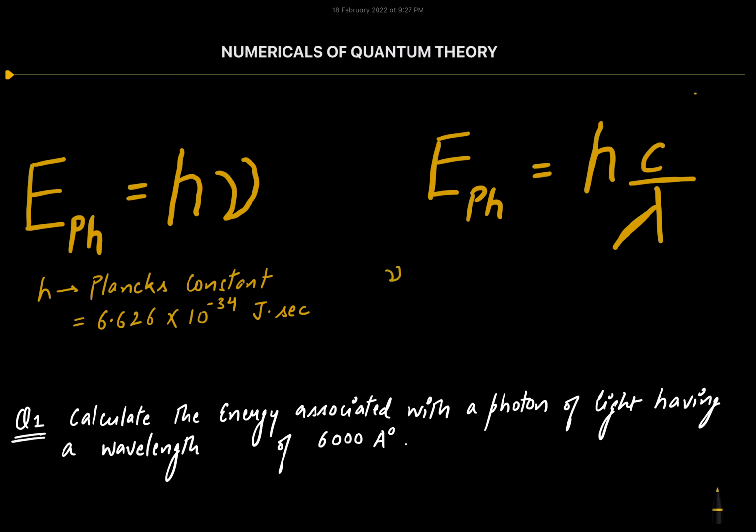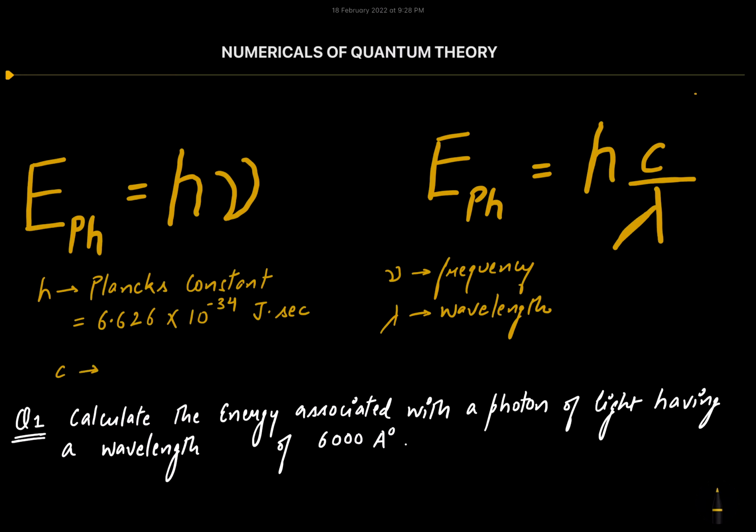Here nu is the frequency of the wave of the photon, and lambda is called the wavelength. What is c?